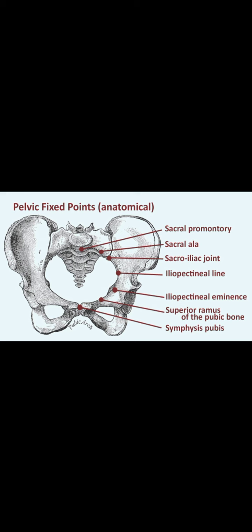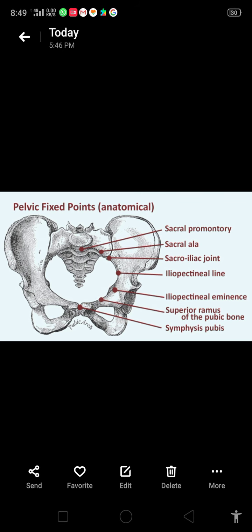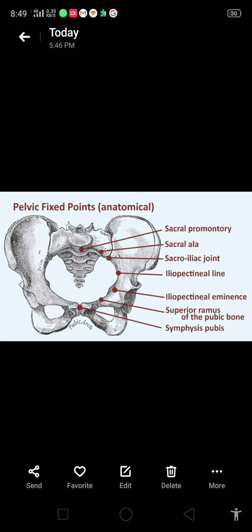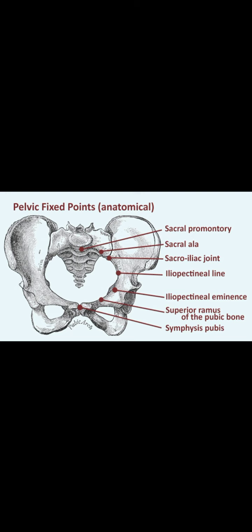Then this is the superior ramus, and you don't say just superior ramus, you say the upper inner border of the superior ramus, then the upper inner border of the pubic bone, and the symphysis pubis. So these are the 8 landmarks of the inlet.